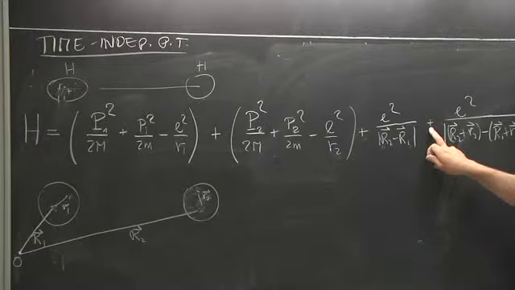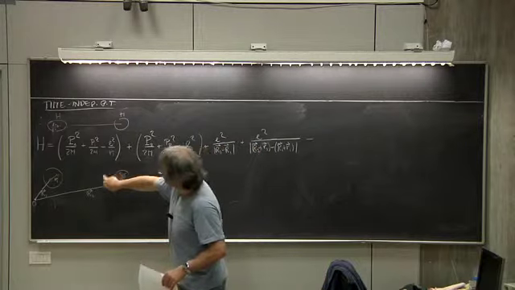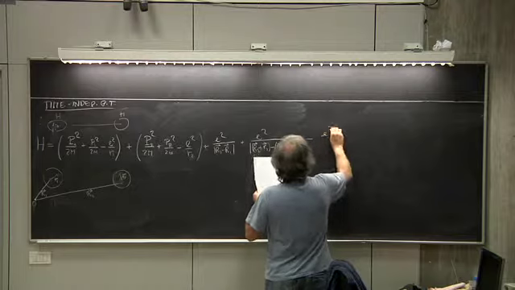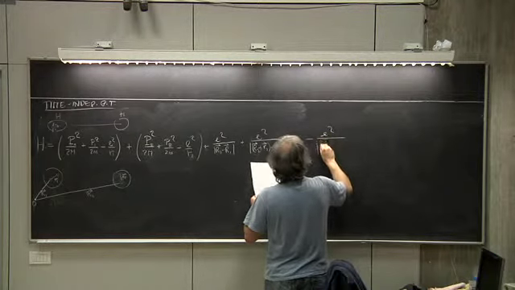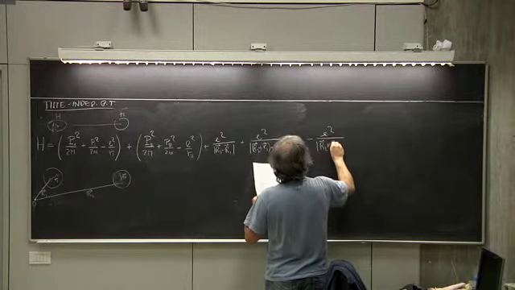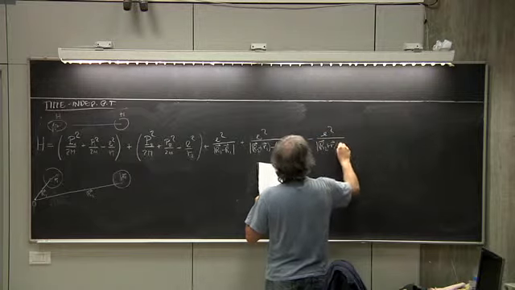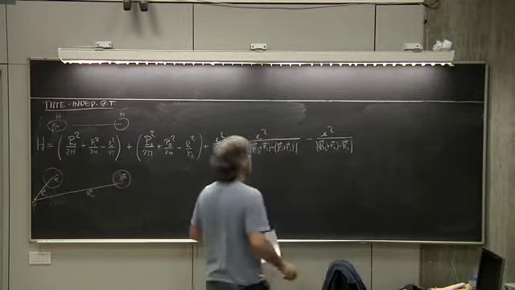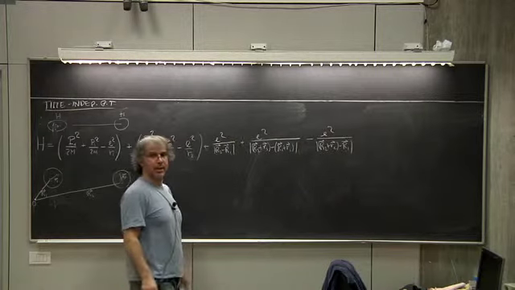Again, plus. Now there are 2 attractions. This electron attracts the other nucleus. So for instance, there is minus e squared over the distance between the electron at R2 plus r2 and the other nucleus at R1, and this is the energy.